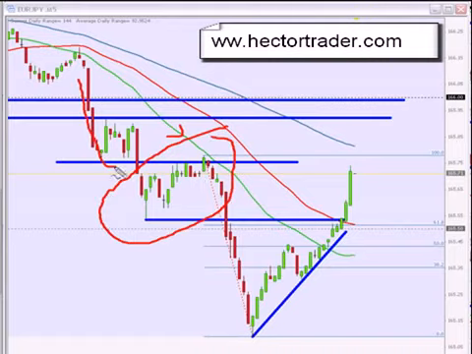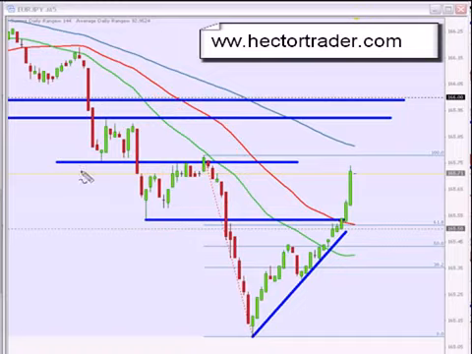Because in here we didn't quite retrace all the way back to the dynamic area of resistance. In here we did, okay? We had different elements of confluence: Fibonacci, previous swing low, dynamic area of resistance, etc. We break below in momentum. You see these 2-3 bars down here in momentum.